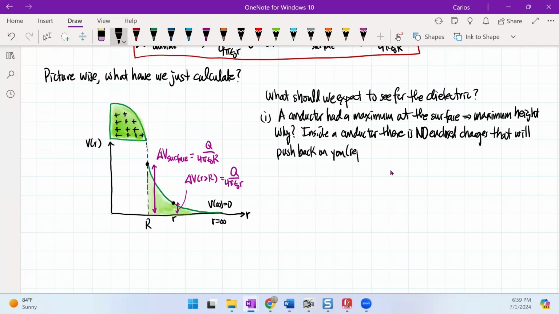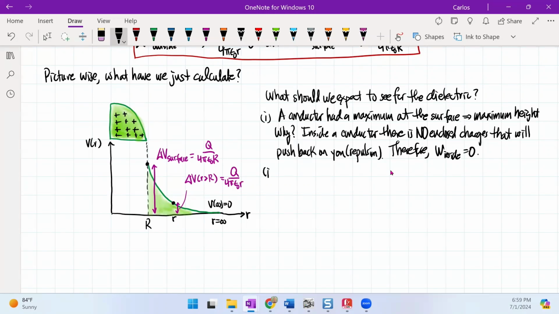In other words, repulsion. Therefore, the work inside, as we saw, was zero because there was no enclosed charge.